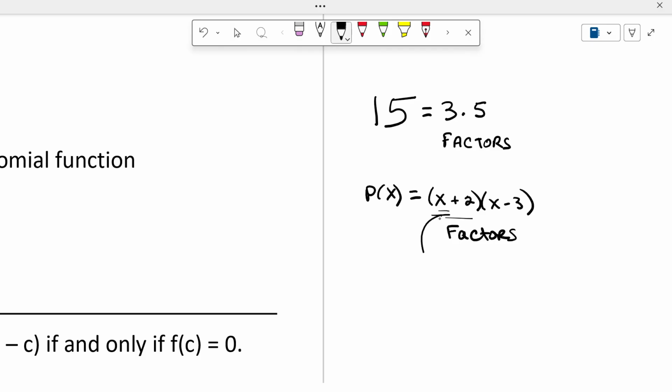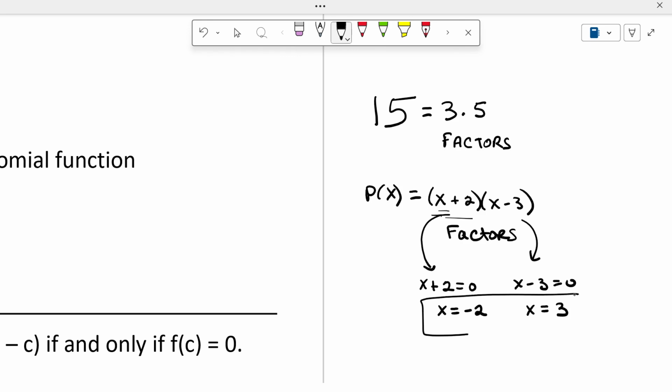So basically what I'm getting at is if we set the factors equal to 0 and we solve it, and we do that for both of them, we get the zeros of the polynomial. Why?